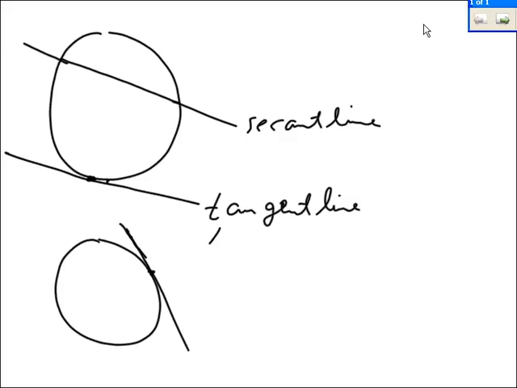That point is called the point of tangency. Another line that crosses a circle in 2 places, we call it a secant line. 1 place, tangent; 2 places, secant. Good luck trying to draw a straight line that crosses a circle in more than 2 places. Can't be done.